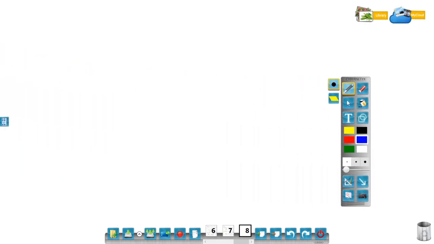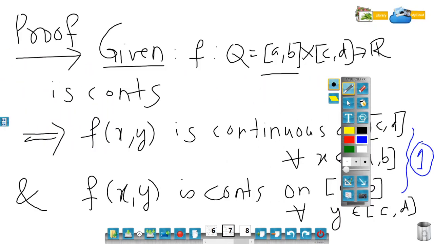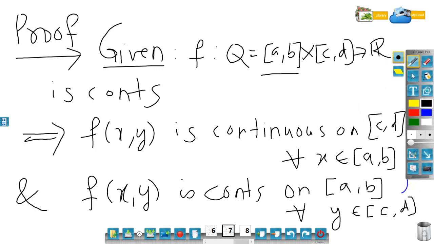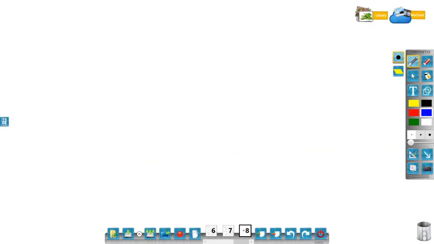So since in the previous step we have written that f is continuous on [c, d], if it is continuous, then Riemann theory says that it is going to be R integrable.